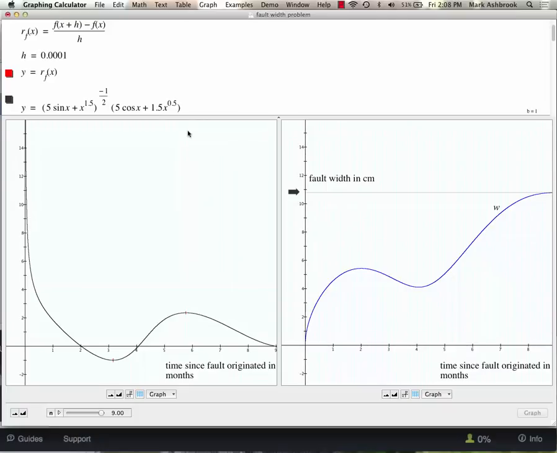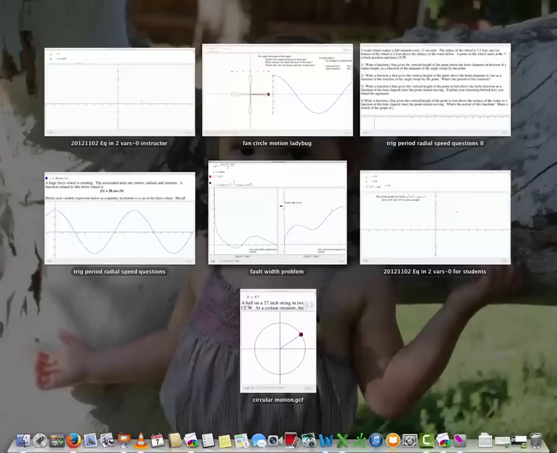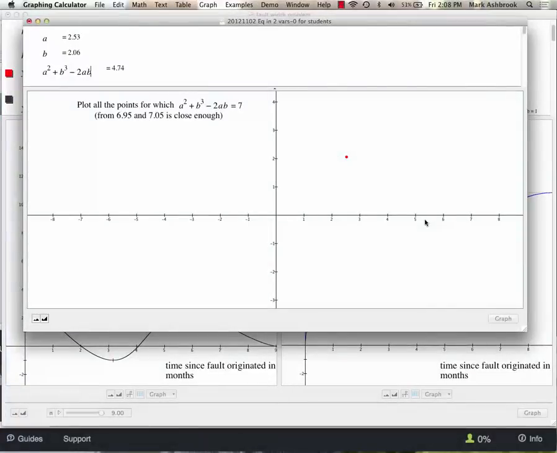Okay, so let's go ahead and open up your laptop, and there's a file that I posted in reading some homework on Blackboard. It's a GC file. Go ahead and download that. It looks like this once you get it open.